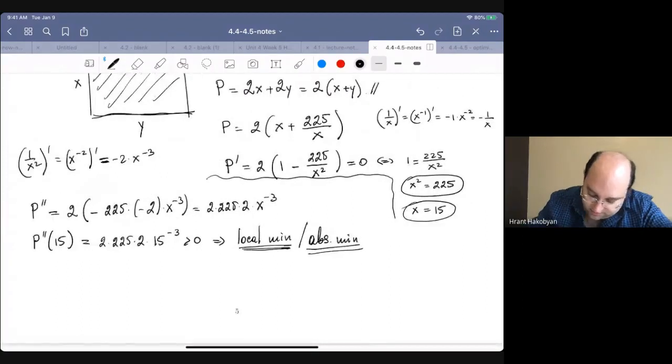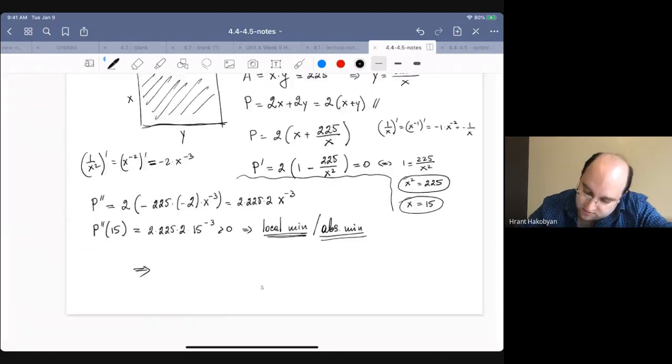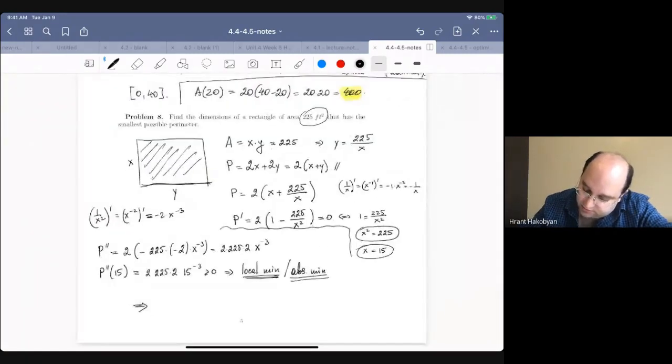So therefore, the smallest possible perimeter is obtained for x equals 15, and if I plug into this formula here, y equals 225 over x, then I also get that y is also 15, right?